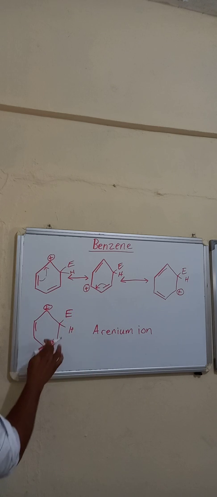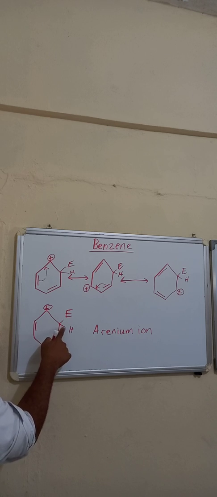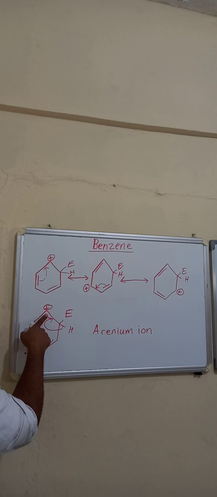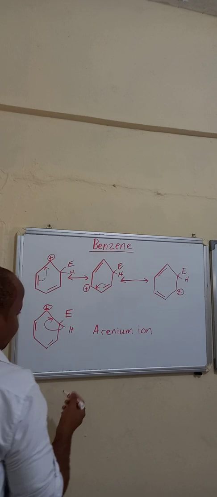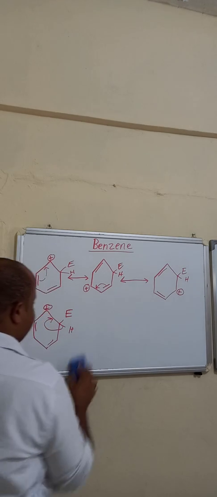And as I had shown you earlier, 2 electrons are in every bond. So this bond, the electrons are going to return into the ring. And when it returns into the ring, that is when the benzene ring is established again.